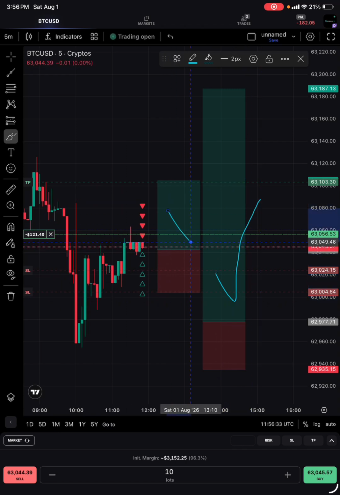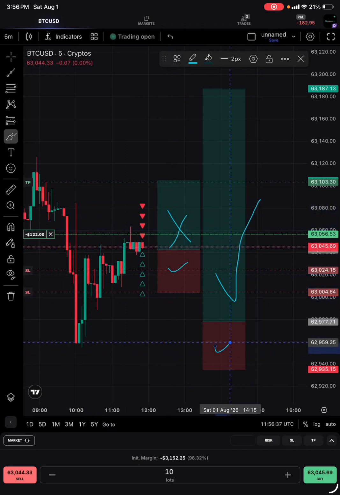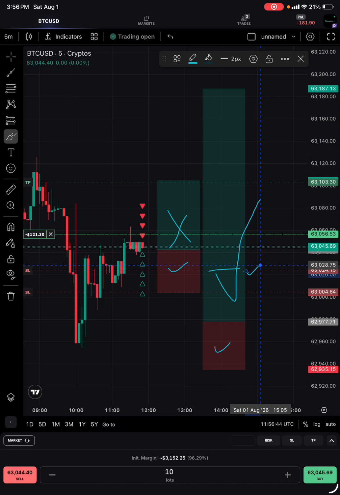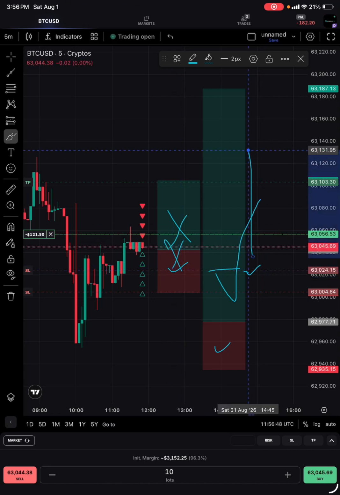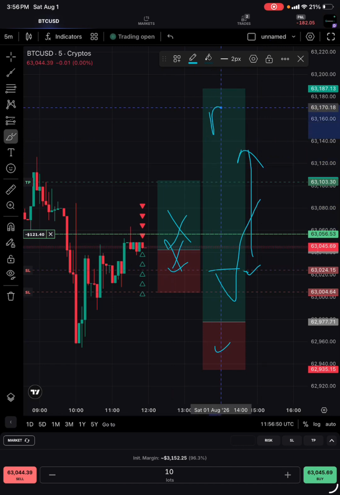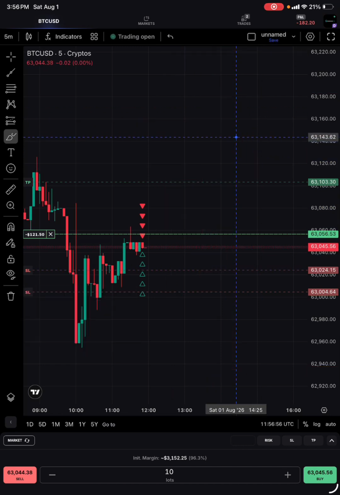And this one didn't. But guess what? Your risk was still the same. And once this trade goes to TP1, which is right here, this loss no longer exists. And now everything above is profit.